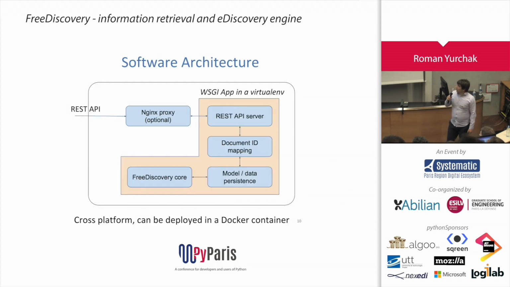So all of these elements I just talked about are in this box, and then we need to talk to that through a REST API. So we add a persistence layer that's going to save the models and data on disk. Then we do a mapping layer.